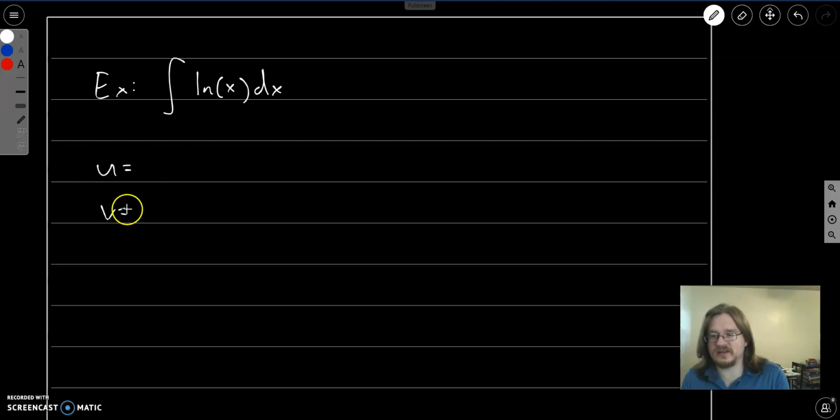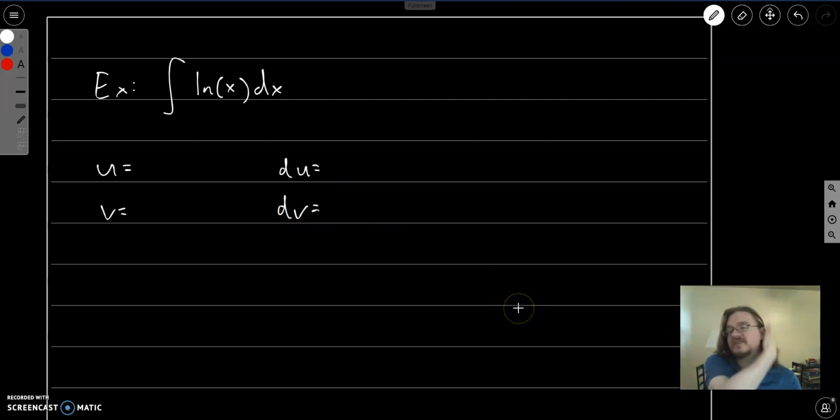We're going to use integration by parts, even though it doesn't look like there's a product in here. The way this will work is we've just got to be clever when we're choosing our u and our dv. Even though it doesn't really look like there's two functions in here, there kind of are.